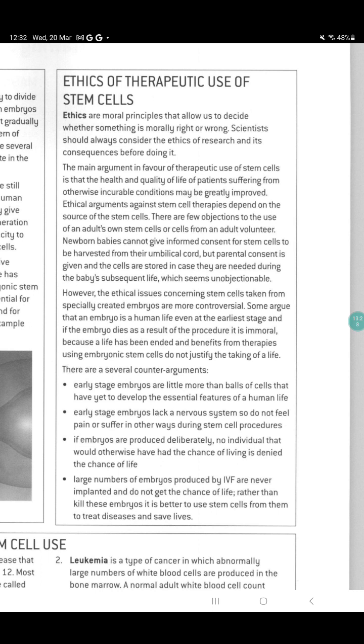Scientists should always consider the ethics of research and its consequences before performing any kind of treatment or surgery.